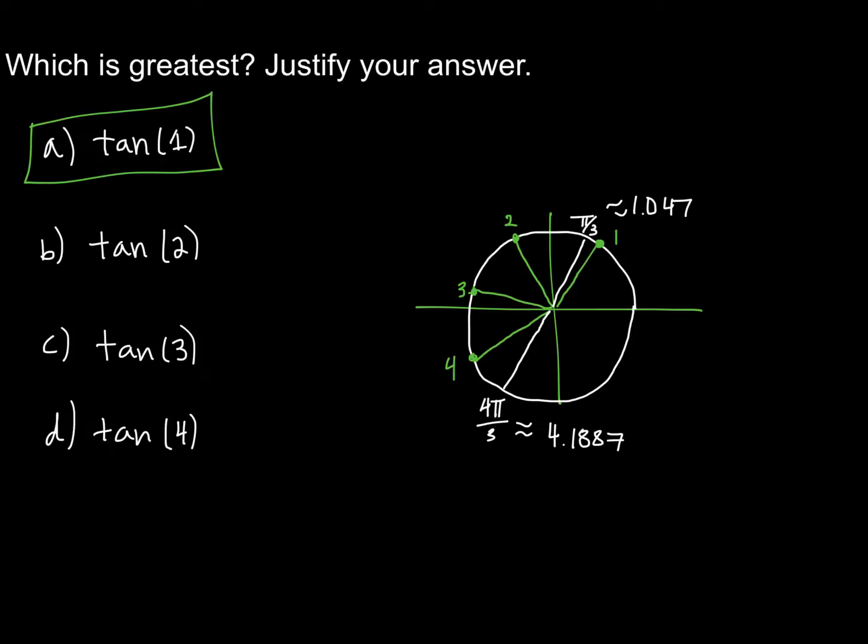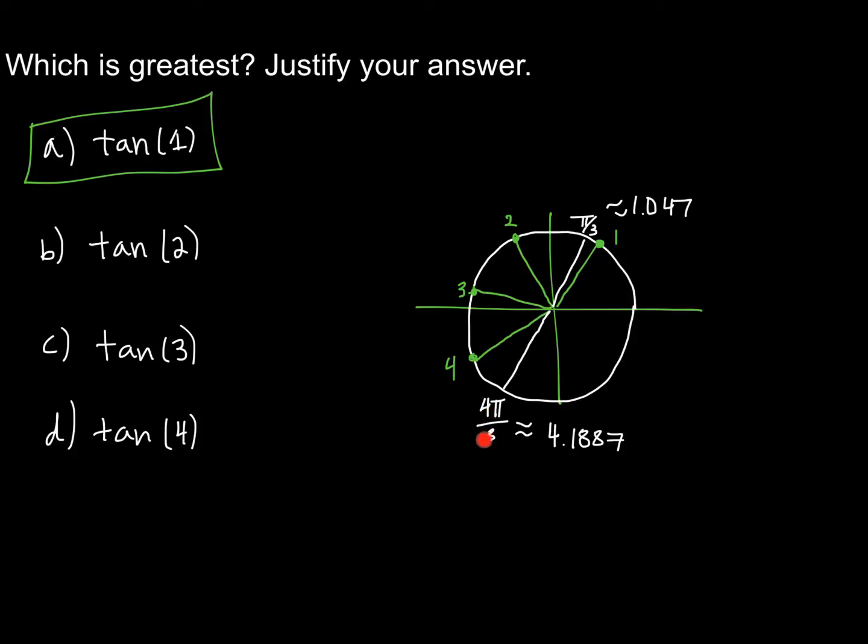Well, it's pretty easy, and let me explain why. Basically, what we want to know is whether this terminal side is closer to 4 pi over 3 than this terminal side is to pi over 3. So we need to know, what is pi over 3 approximately, and what is 4 pi over 3 approximately?